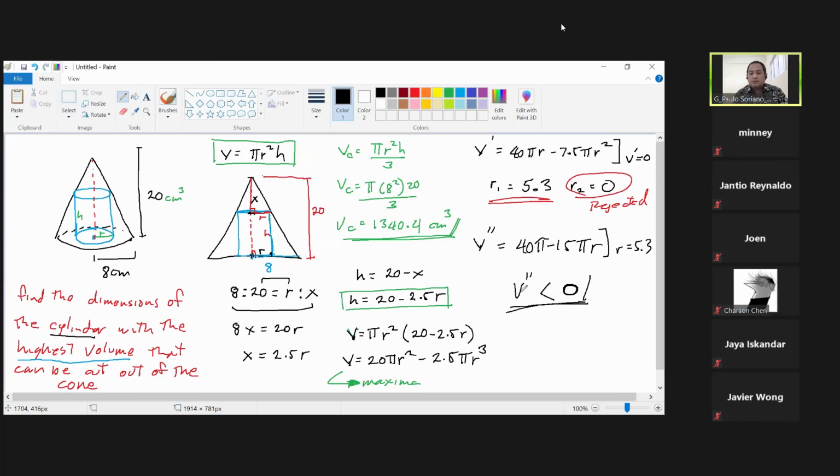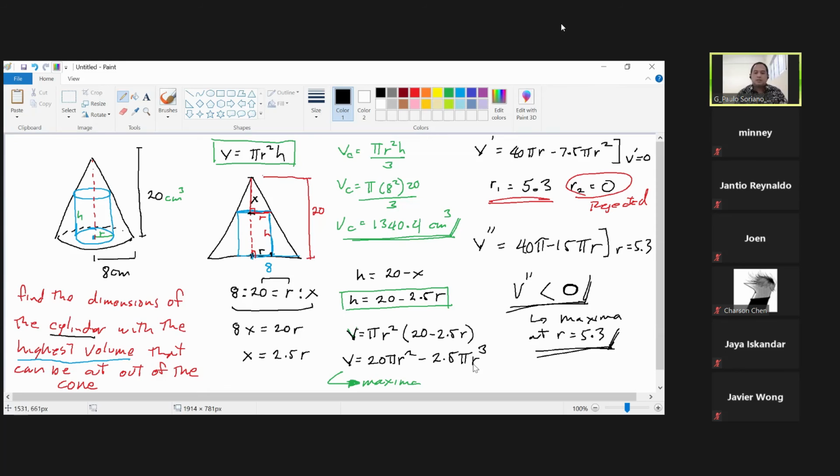So what is the second derivative test for lesser than 0? That means maxima. Maximum. Okay, maxima at r equal to 5.3. So we have proven that it's a maximum.